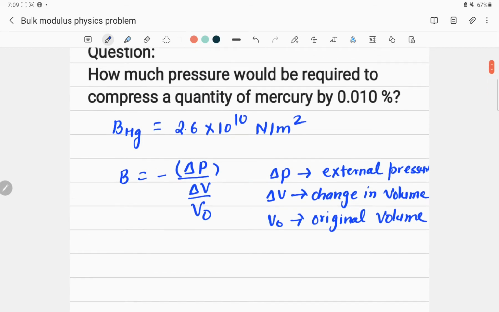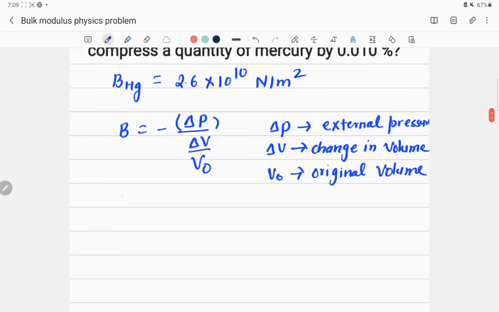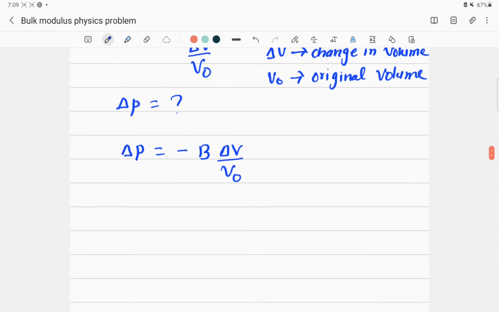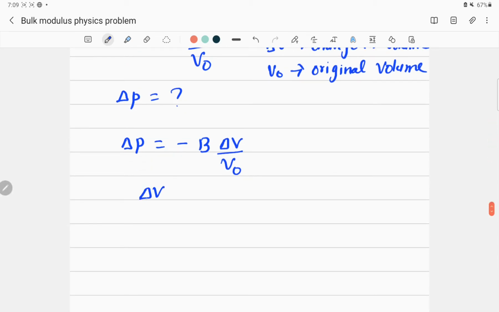So our goal is to find ΔP, how much pressure is required. Let me rearrange this equation so that ΔP is equal to negative B ΔV by V naught. We don't know the initial volume or the final volume, but we know the quantity of mercury compressed, which is 0.010 percentage. That is ΔV by V naught, which is given.